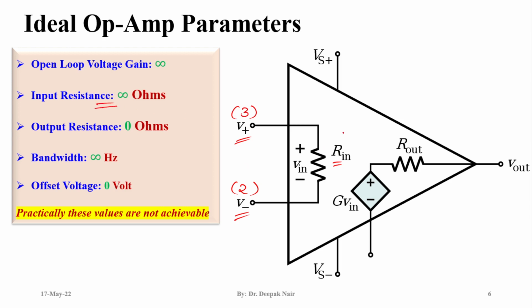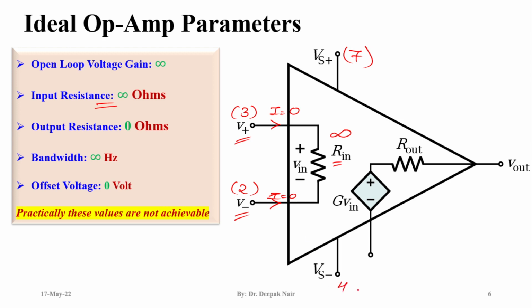It is infinite in the case of an ideal op-amp. So that means no current will flow towards the op-amp via pin number 2 or pin number 3. So I will be 0 in this direction and I will be 0 in this direction. Pin number 7 is V positive supply.